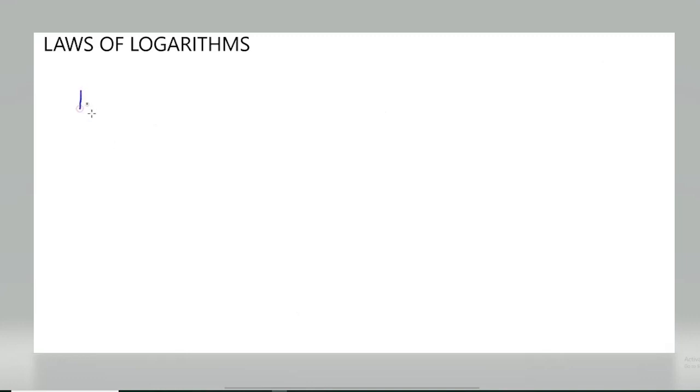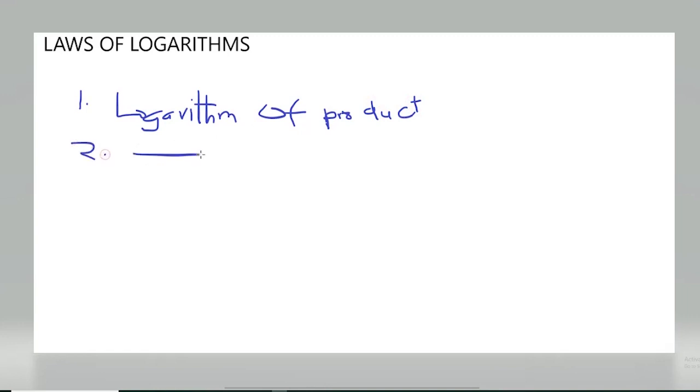The first law is called logarithm of product. This is the first law. The second law is called logarithm of quotient. The third law is called logarithm of power.